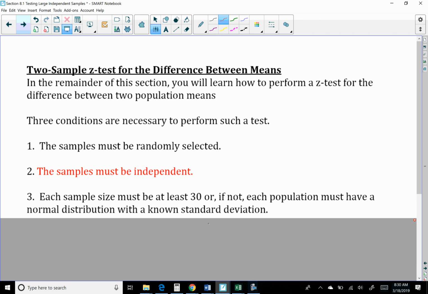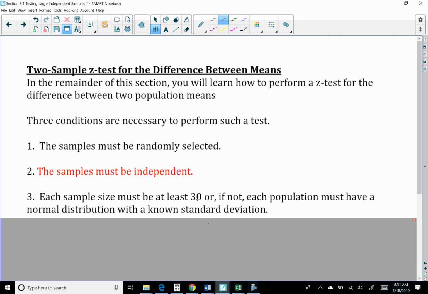One, samples must be randomly selected. Two, samples must be independent. And then three, each sample size must be at least 30, or if not, each population must have a normal distribution with a known standard deviation. Okay?